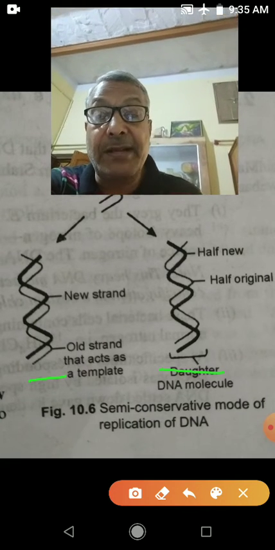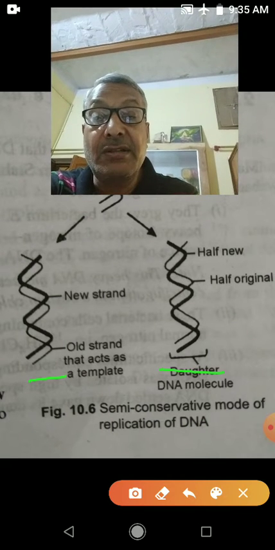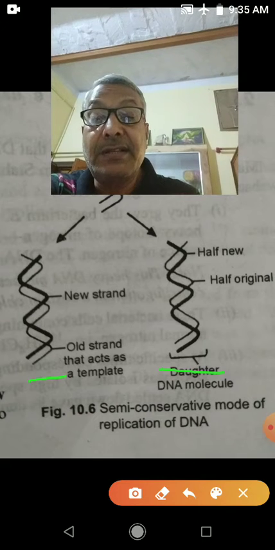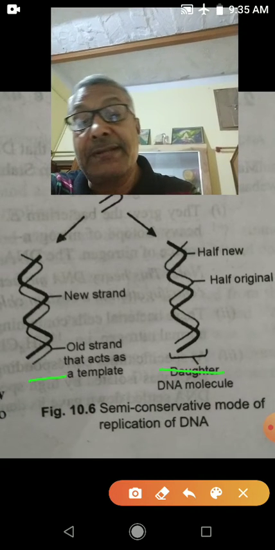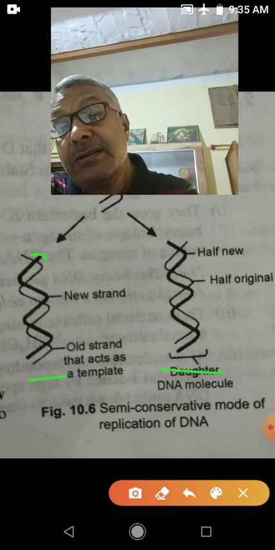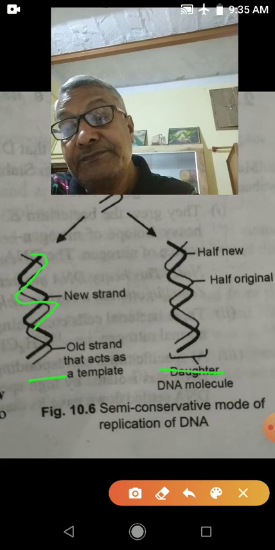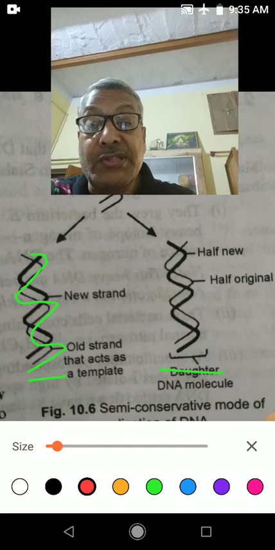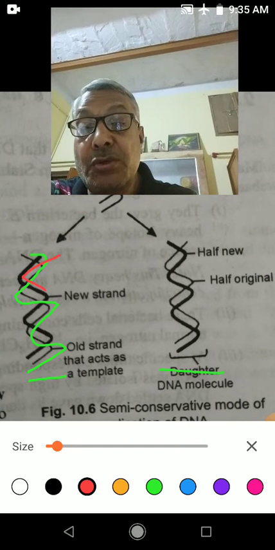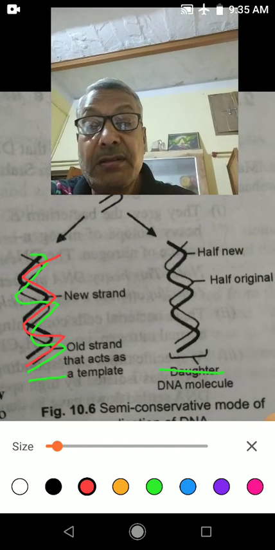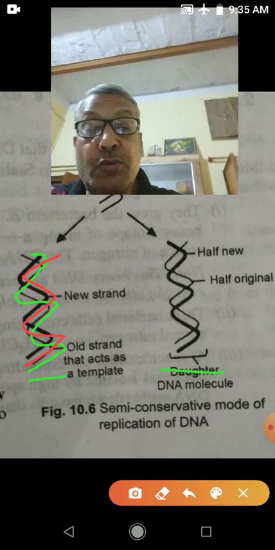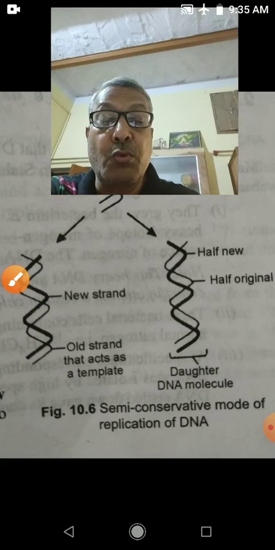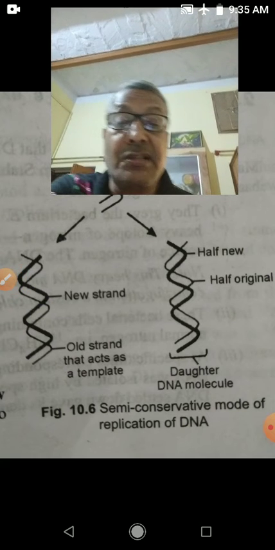Why is it a hybrid? Because it contains one parent strand, one old strand that is acting as a template. This is the old strand and the other one is the new strand. So in this way you will see in both daughters there is one old and the other is new.